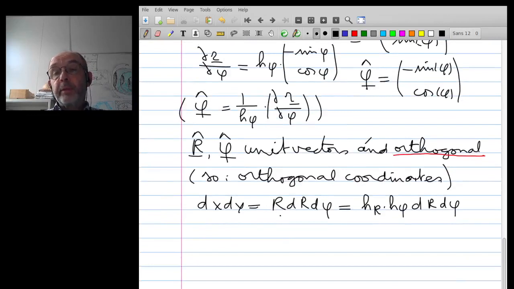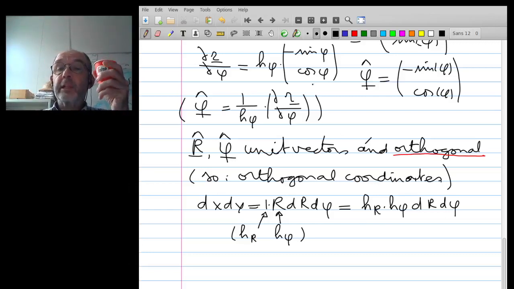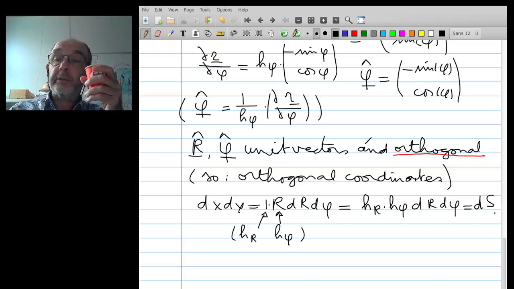This one was the scale factor of the phi direction, which is 1, times that one, and the one which is staying here is the scale factor in the radius direction. So here you see those scale factors are coming back, and we have already seen them. This was for the ds term, so a small part on the xy plane, and then the area of it. Okay.